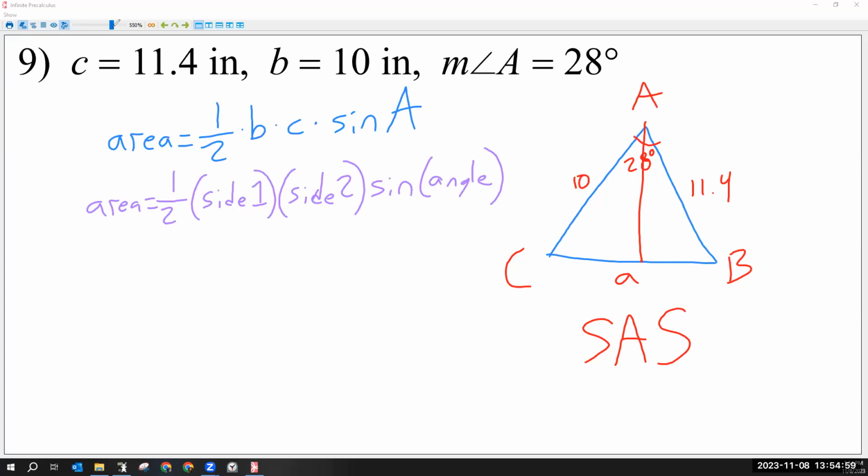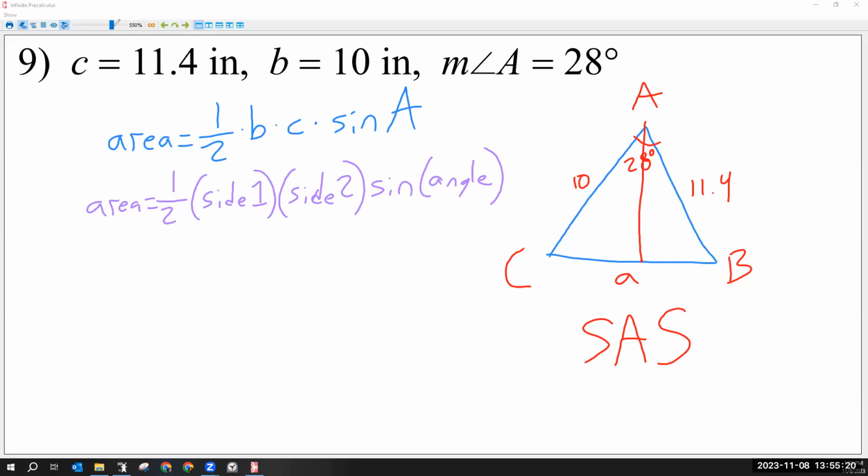The reason for the second one is the letters are not necessarily always going to be angle A, side B, side C. They sometimes mix up letters. Sometimes they use X, Y, and Z or whatever. It doesn't really matter. You put one side there, and you put your angle there.